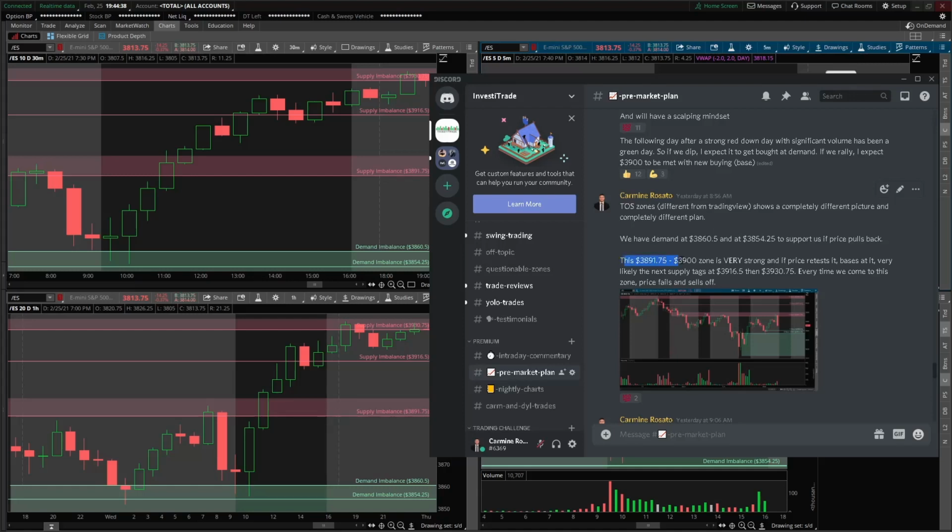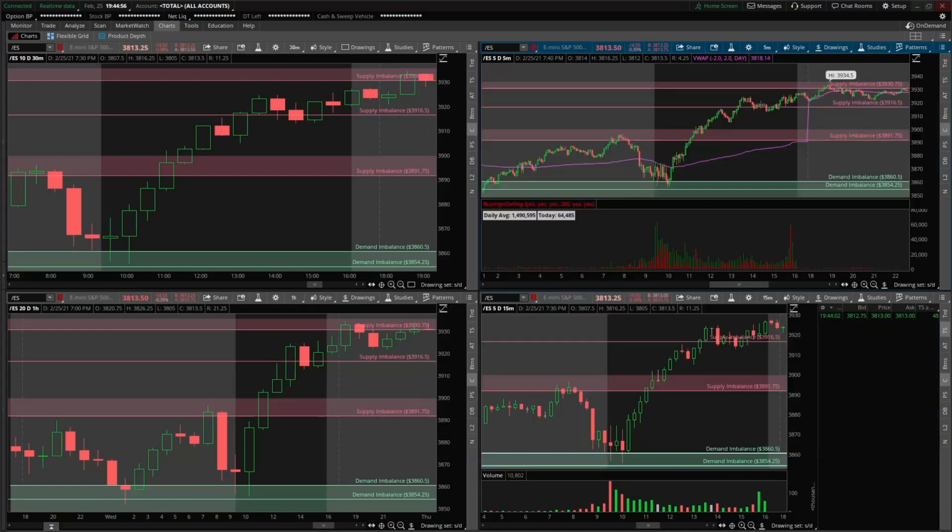This 3891 and 3/4 to 3,900 zone is very strong, and if price retests it, bases at it, very likely the next supply tags at 3916, 3930. Every time we come into the zone, price fails and sells off. So keep in mind those zones, and let's go to the chart now.